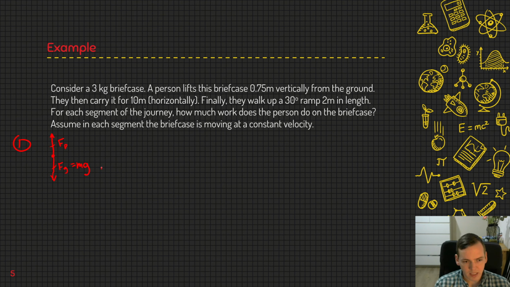If they're lifting it 0.75 meters vertically, their force is in the same direction as the change in position. So the work is going to equal the force of the person times delta x.